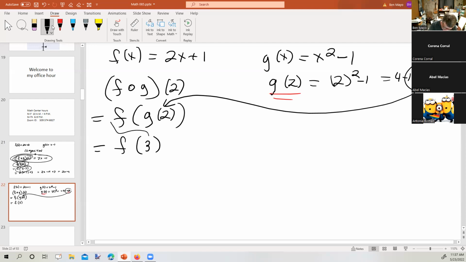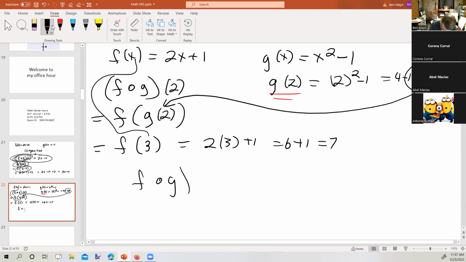Well, that's going to go in here. So that's going to be 2 times 3 plus 1, which is 6 plus 1, which is 7. So f composed with g of 2 equals 7. Now, again, each little piece is not anything new, but knowing what to do and when to do it and when to make the substitutions, that's the tricky part. Any questions on this particular example before we look at other examples?